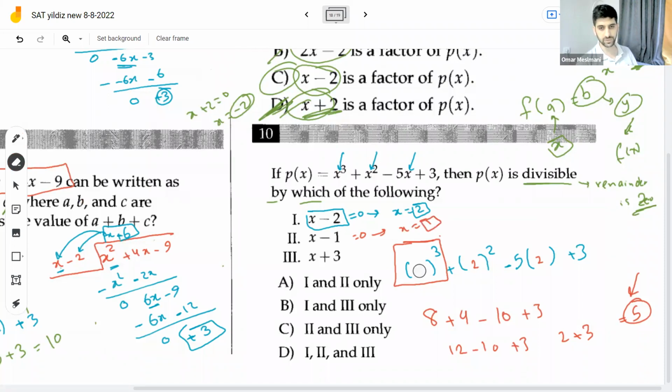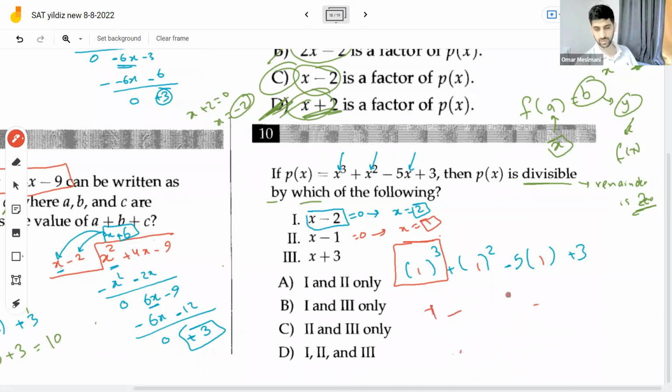This time I'm going to substitute x by 1 and see, do I have an answer of 0 or not? 1 cubed is 1, plus 1, minus 5, plus 3. 1 plus 1 is 2, minus 5 plus 3. I guess it is 0, so this is correct. The bx is divisible by x minus 1. So the second one is correct.